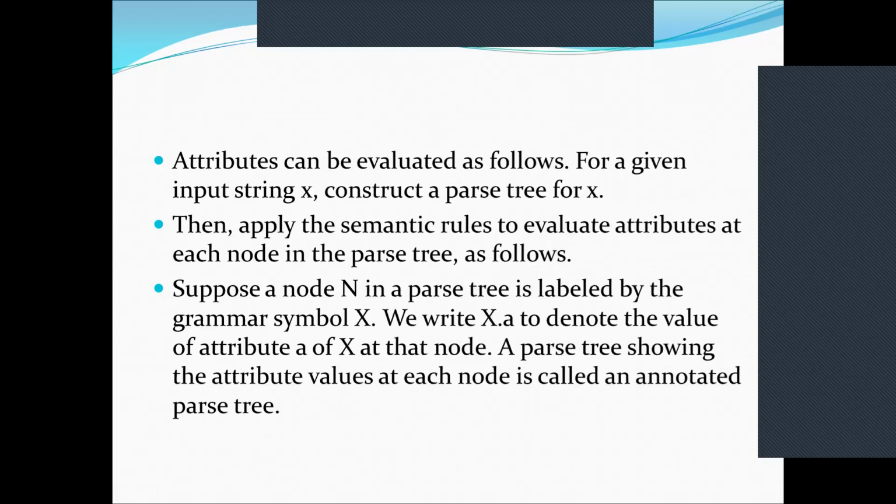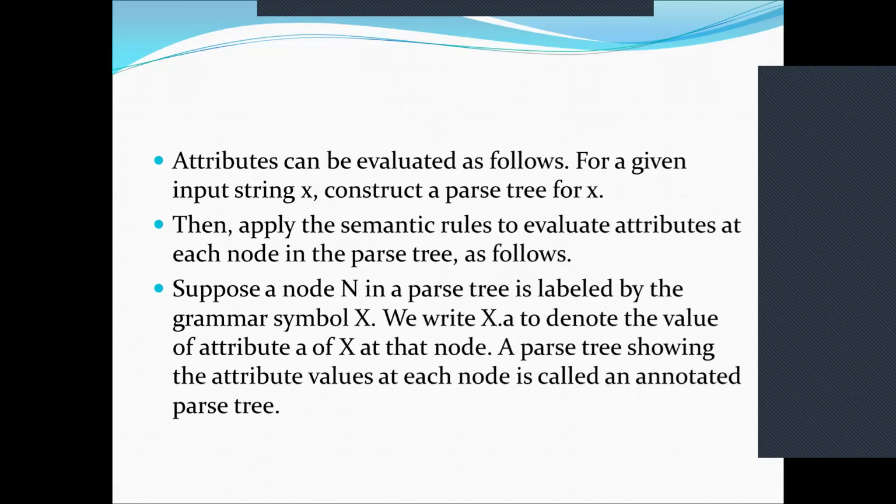Then apply the semantic rules to evaluate the attributes at each node in the parse tree. Of course, this is a simple parse tree, so there is only one node, that is the root node. But when you have multiple nodes in the parse tree, like 9 minus 5 plus 2, in that kind of parse tree, apply the semantic rules to evaluate the attributes at each node.